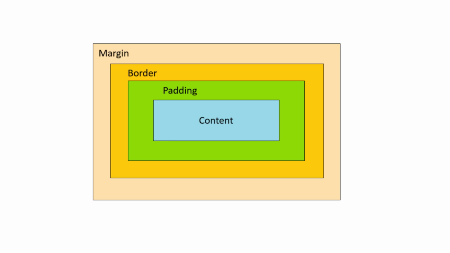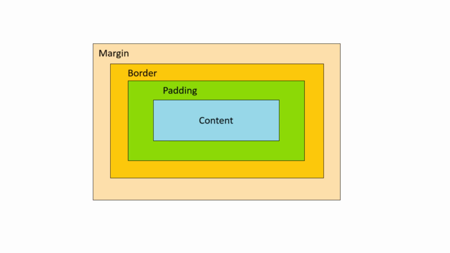So imagine you had a cardboard box. The item inside of the cardboard box can be seen as the content. The protective bubble wrap that's inside of the box, surrounding the content, can be seen as padding.